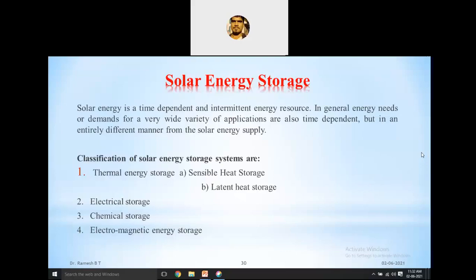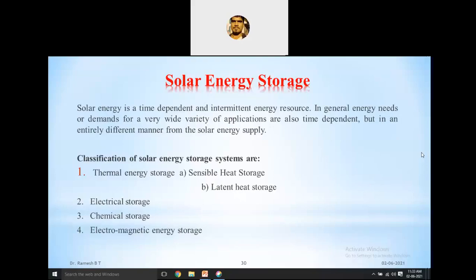We are storing energy means we are collecting energy from the sun, in the form of rays or radiations. Then we convert that radiation into heat, electric or mechanical. Then we are going to store it, or it may be chemical. And wherever we require, it should be a reversible process. Means chemical to again electrical, mechanical to again electrical, heat to again electrical, like this.